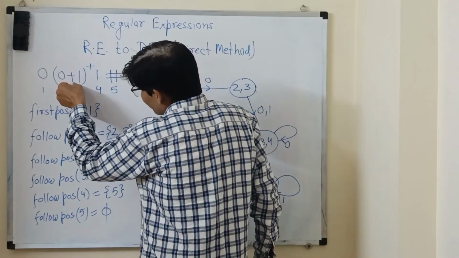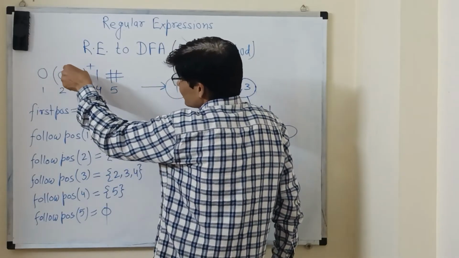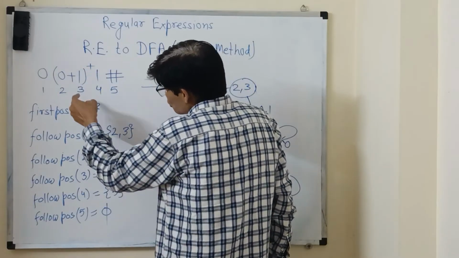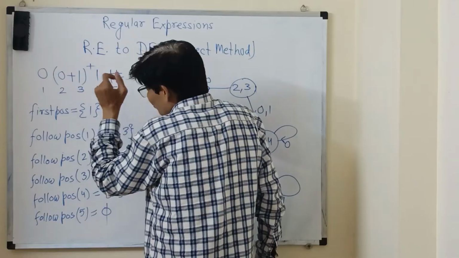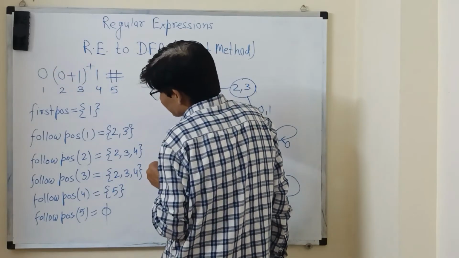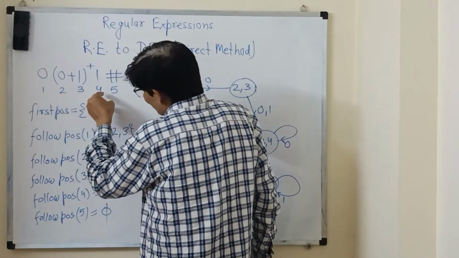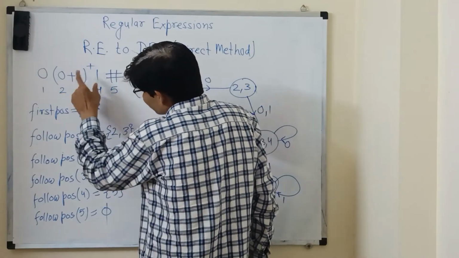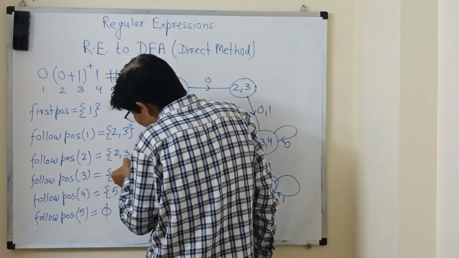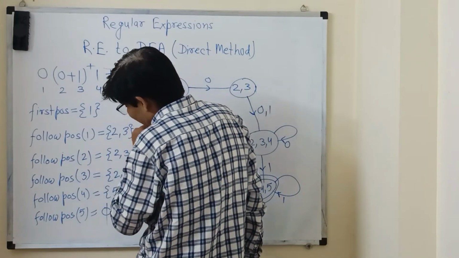Now if we generate 0, 1 from this particular positive closure, then 2 will be followed by 3, and if we generate only 0 from this positive closure, then 2 will be followed by 4. So in all possible strings of this regular expression, 2, 3 and 4 will be following 2.